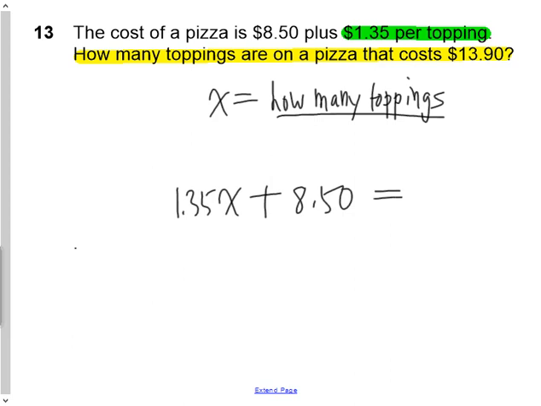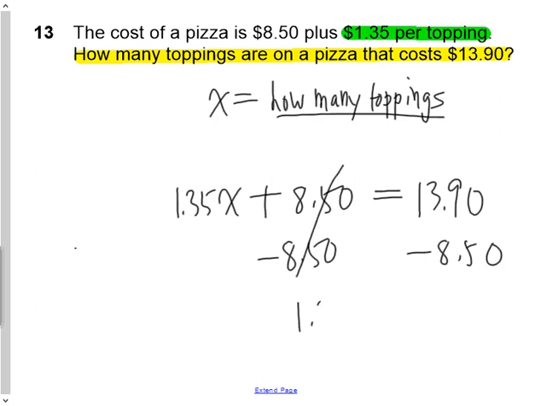But we know that whoever bought this pizza, the total cost before tax came to $13.90. So algebraically, that is an equation that represents how I'm going to solve to figure out how many toppings were purchased. The first thing I'm going to do is remove the cost of the pizza itself by subtracting $8.50 from both sides.